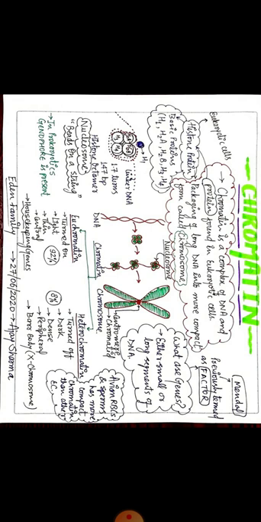These histone proteins bind with DNA to form a bead-like structure known as beads on a string, and then they are supercoiled to form chromosome. So guys, the exact diameter of the nucleosome is 30 nanometer.